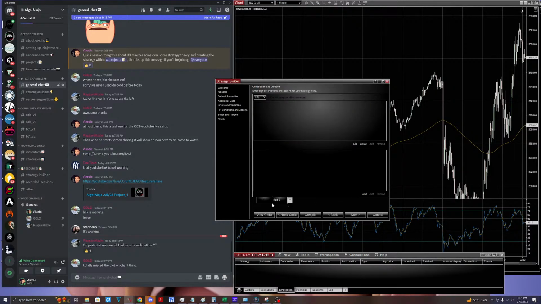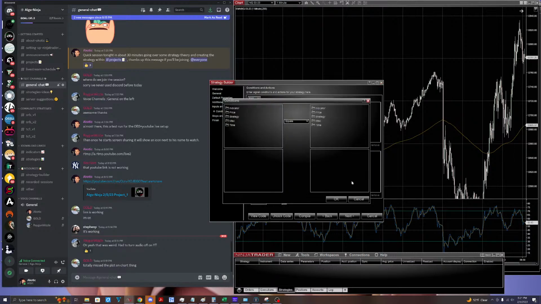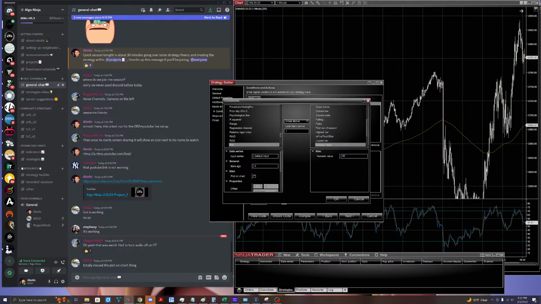Now we open up a new set, and this is going to be our exit condition. So actually we can copy and paste within the builder to save some redundant work. So we can copy that and paste. Now we're going to do the same thing over here, RSI.